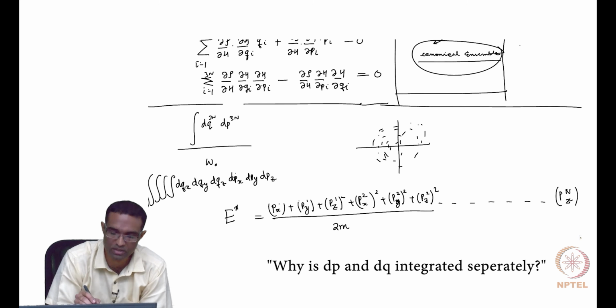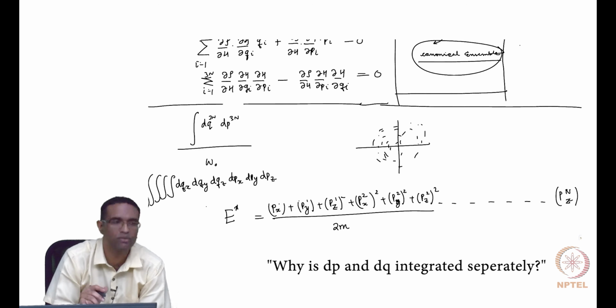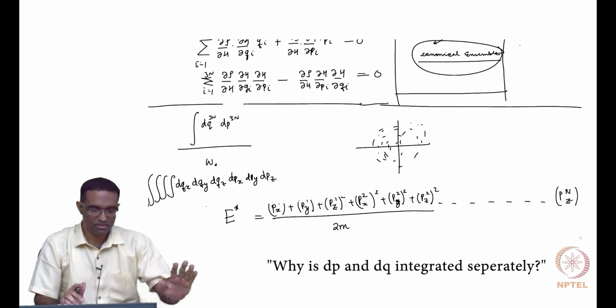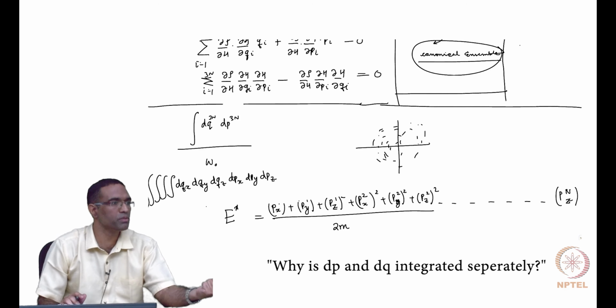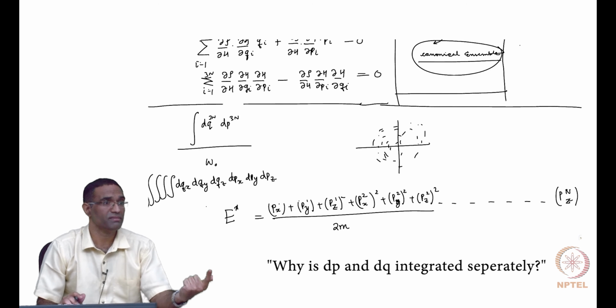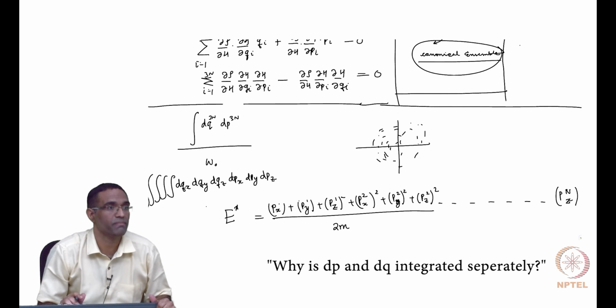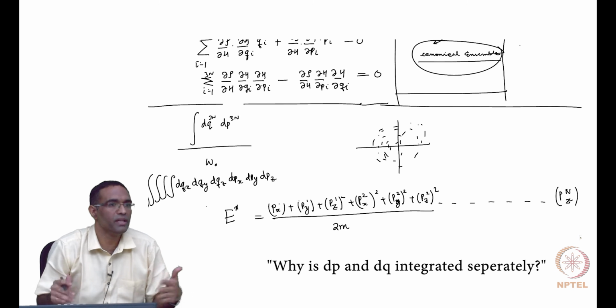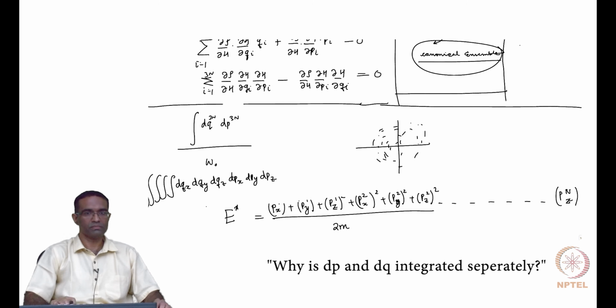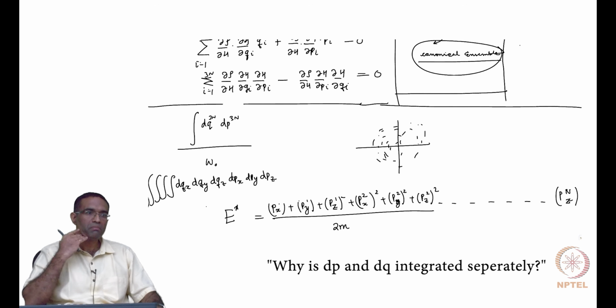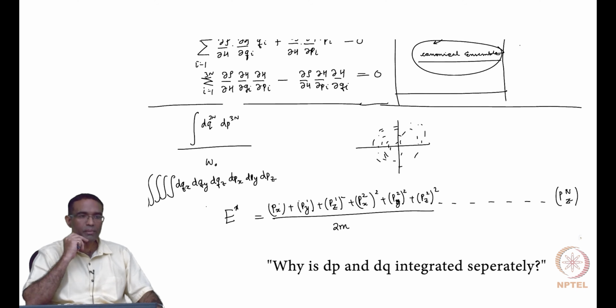You are saying that p is nothing but q dot, some time derivative relation. No. In Hamilton's formulation, p and q are independent variables. They are not dependent on each other. They need not be treated as being dependent on each other. So even qx, qy won't be dependent on each other. Why? They are independent quantities. So you can split.